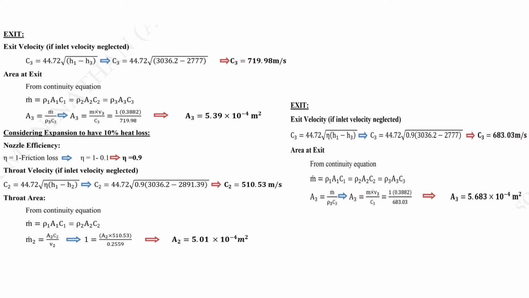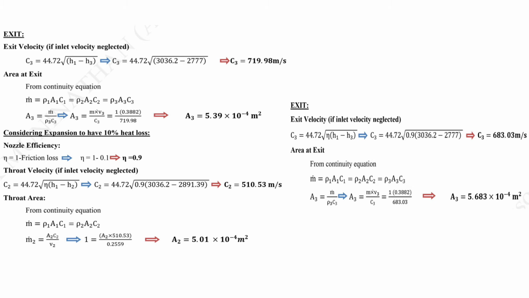The 10% heat loss we are going to consider in the nozzle efficiency and throat velocity, where eta is equal to 1 minus friction loss. We are assuming that the friction loss is a fraction value, given as a percentage. So here we know that there is 10% heat loss.